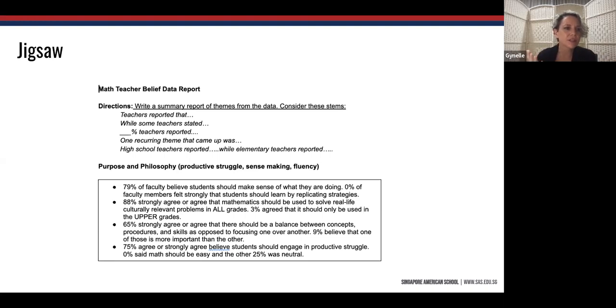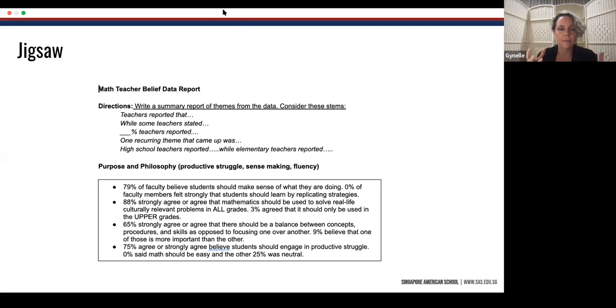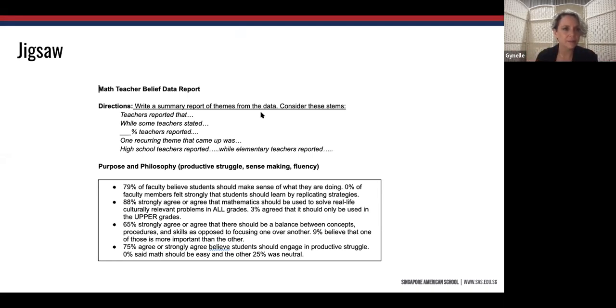For this particular one, we looked at the polarity statement and the math belief data, and we had all of the data there. Then we broke it up by, you can see, purpose and philosophy, and the people went into those questions and themed it for us there.